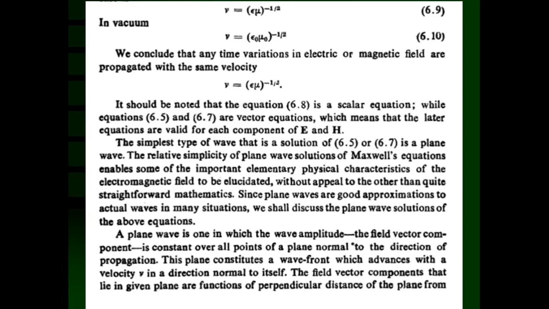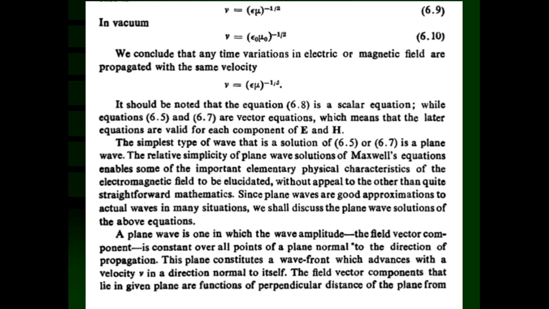That means the electromagnetic waves propagate in one particular direction, and normal to that you can assume a wave front, which constitutes the electric and magnetic field vectors. The amplitudes of these electric and magnetic field vectors at a particular wave front remain constant.